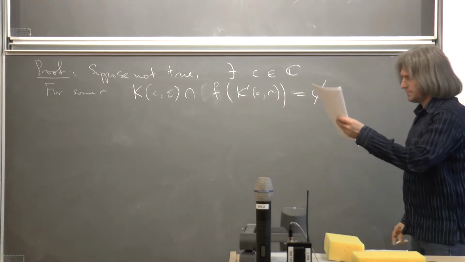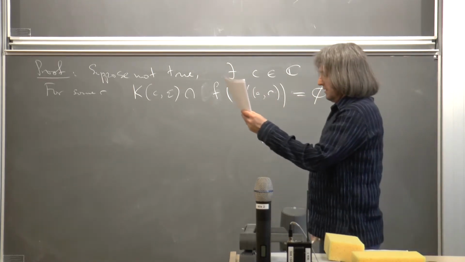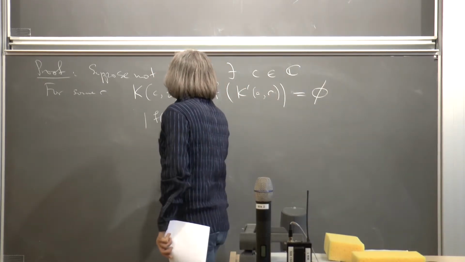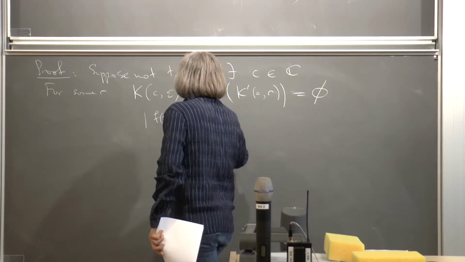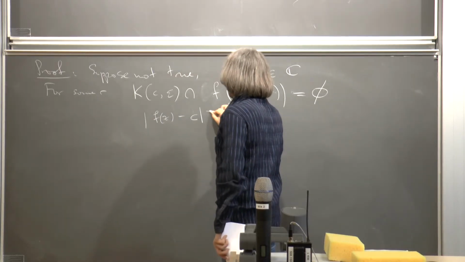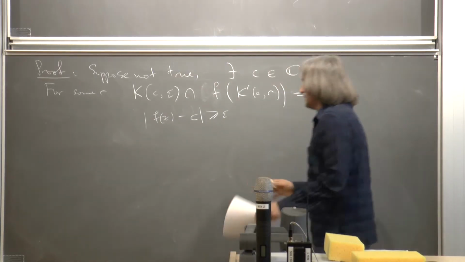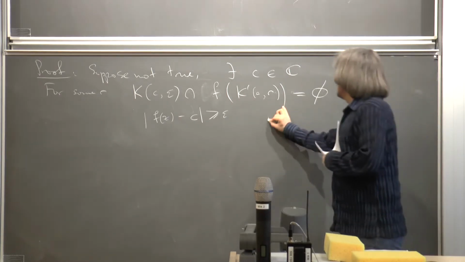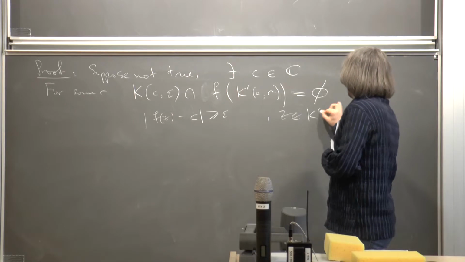So then the absolute value of f of z minus c is always greater than epsilon for z in this punched disk.